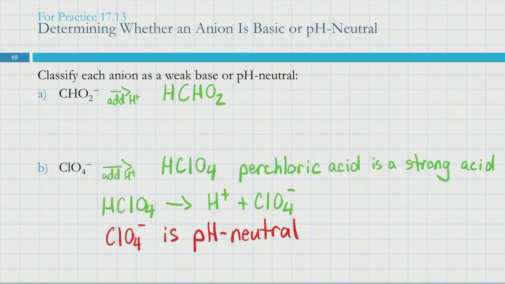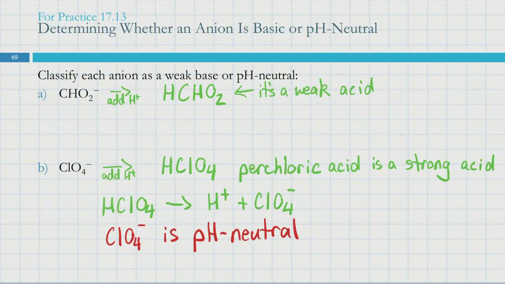HCHO2 is a weak acid. One of the ways that you might identify that it's a weak acid is knowing what it is and just knowing that it's a weak acid, obviously.